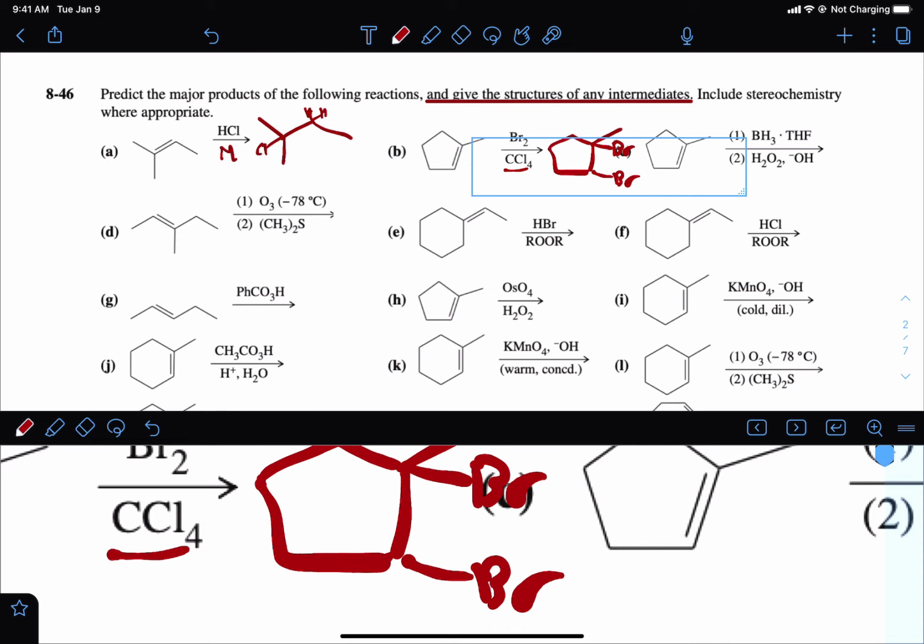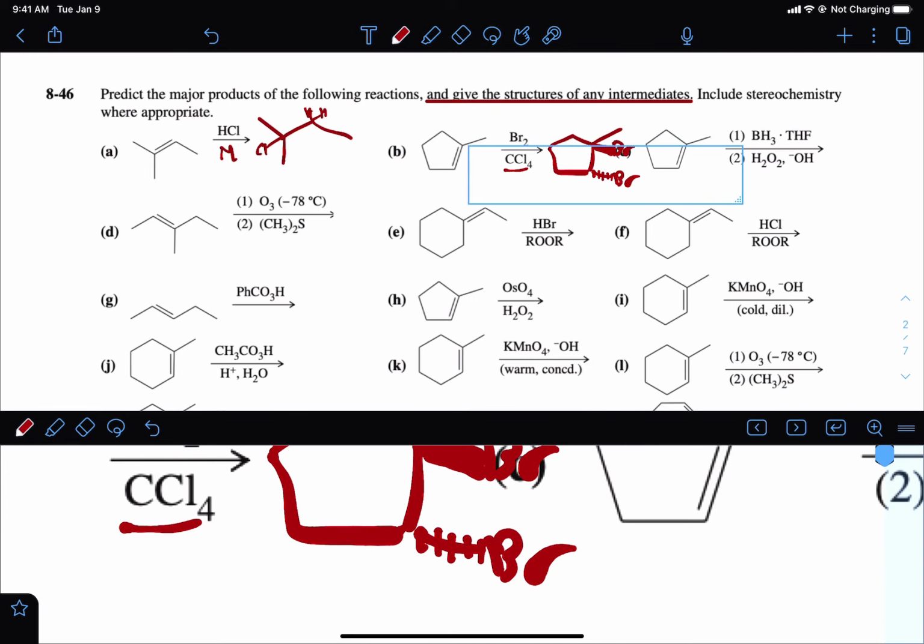And then the bromide pops that bromonium ring open, and you end up with anti bromines. So one of these would be wedged, the other one would be dashed. Okay, and both combinations are possible. So that means that we have an enantiomer plus enantiomer. So both combinations of wedges and dashes.